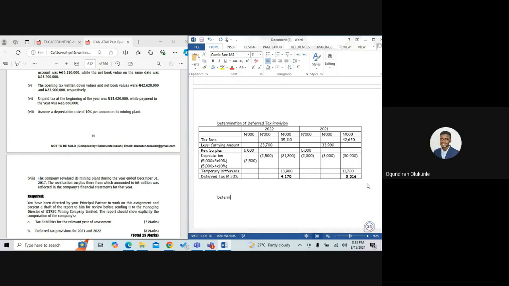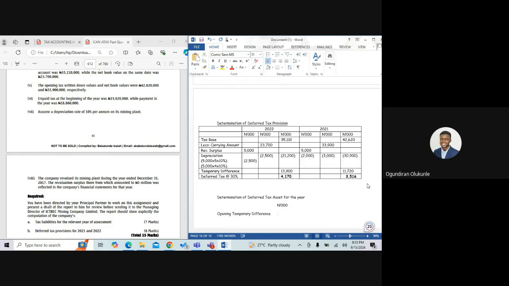So determination of deferred tax assets of the year. Right? So you have opening temporary difference. Are we together? Yes, sir.